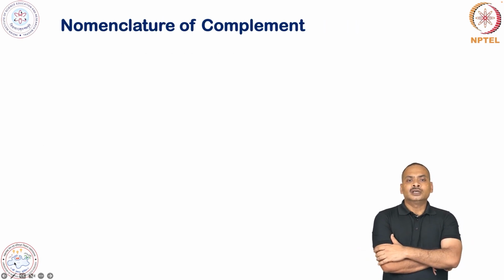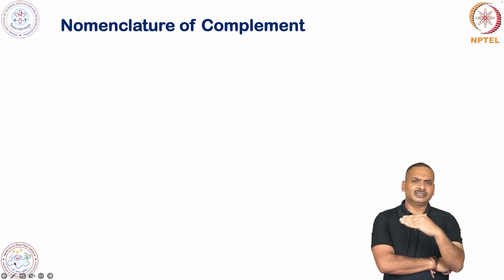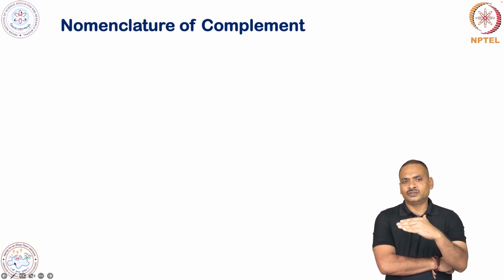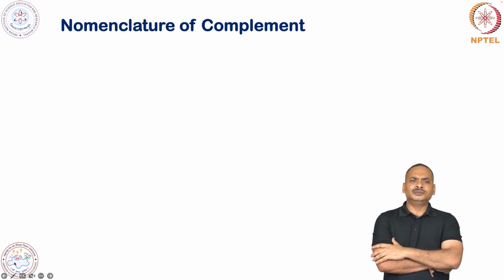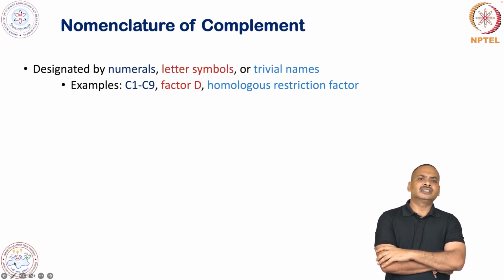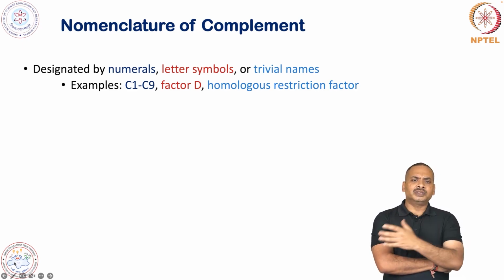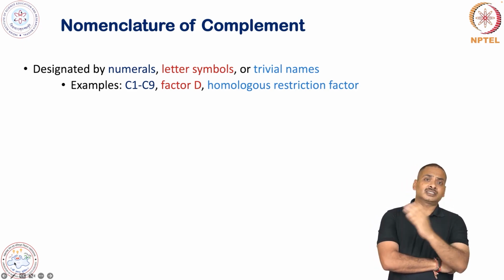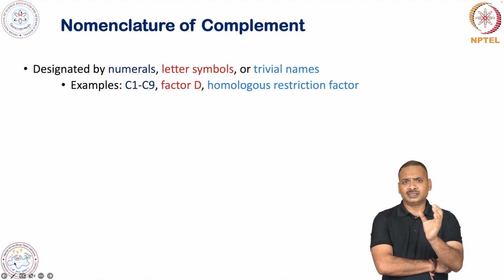Now I will talk about the nomenclature of complement. It has a set naming system. All complements are basically designated by C. Most of the complements which were discovered earlier were given the name C followed by a number.